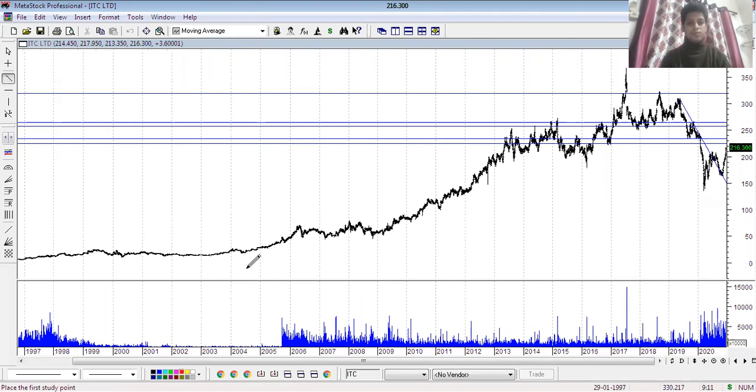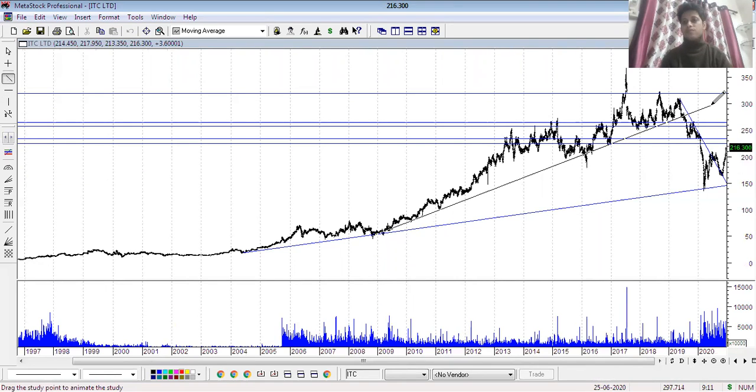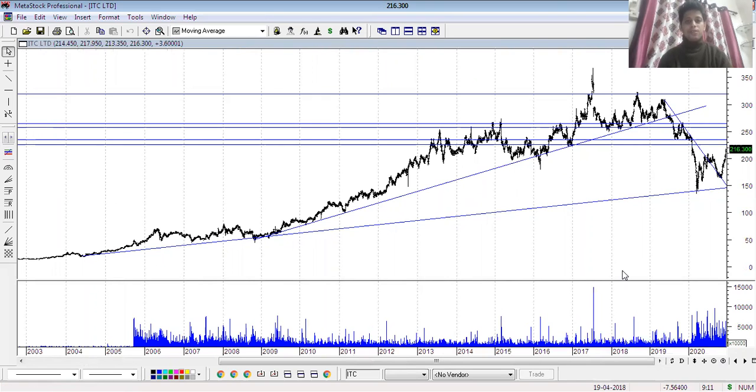You will see a long-term uptrend has happened. These are the two long-term uptrend lines which I drew. When this long-term uptrend line was violated, the stock fell from 350 levels to 142 levels, and this trend line is a support.